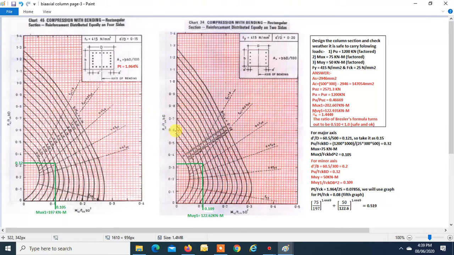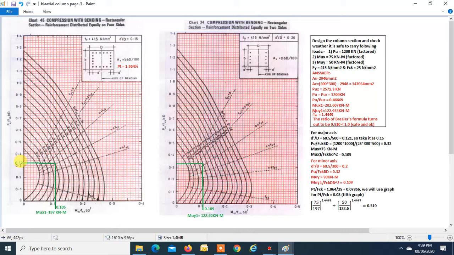Now PT. We know the total area of steel AS is 2946, so put the value of AS over here and find the PT, which comes out to be 1.964. Now PU by FCK B D, that turns out to be 0.32.